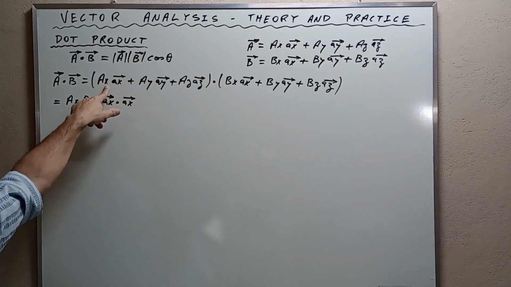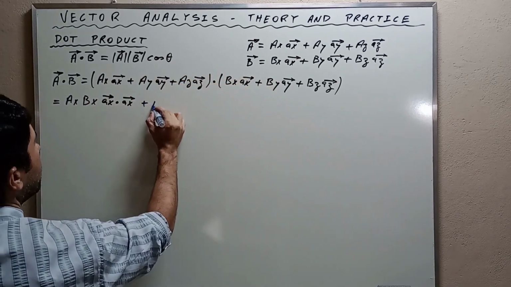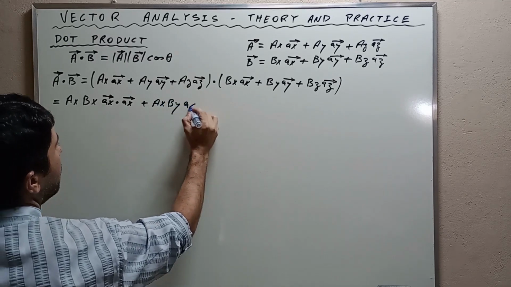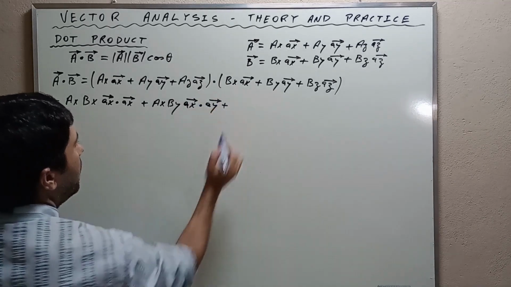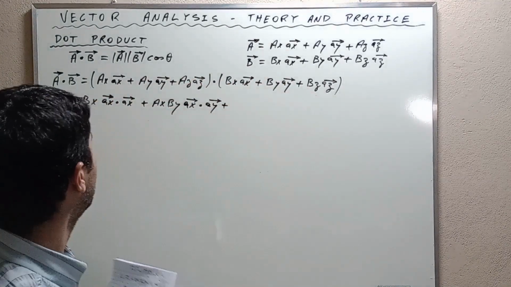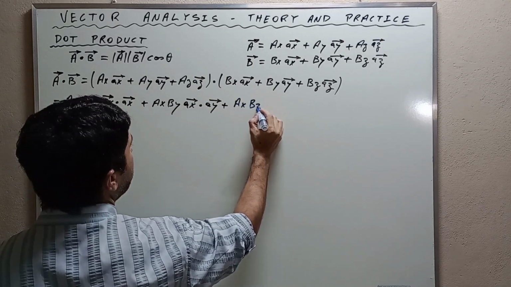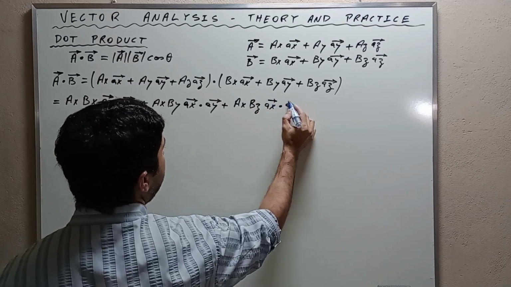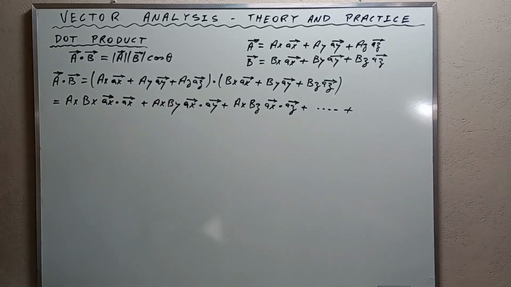Now we do the same, this multiplying this: ax in a dot product with ay, and we compute now this times this, ax bz, ax in a dot product with az, and so on until we get this.